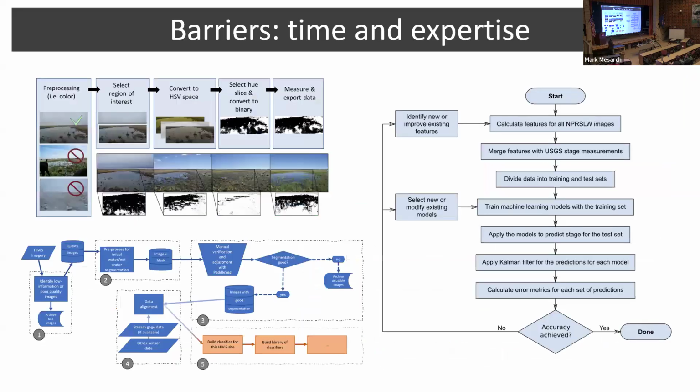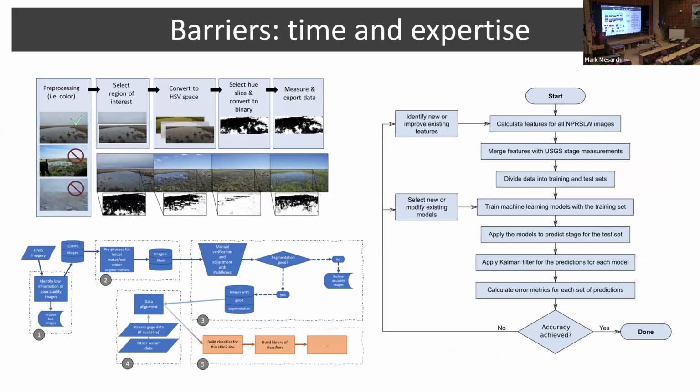The challenge, though, is that this is fairly complicated to do this kind of work. There's maybe a little bit easier now with some of the AI tools as far as coding and so on, but it's still pretty complicated workflows. This workflow on the right-hand side was for that project on the North Platte River.